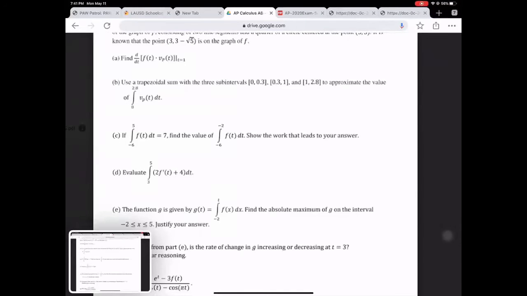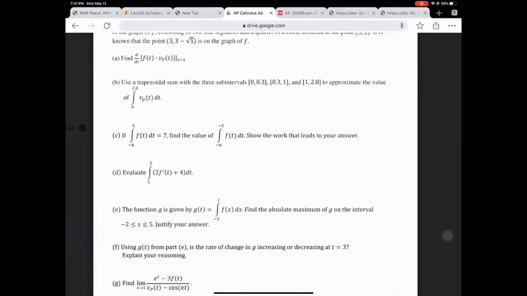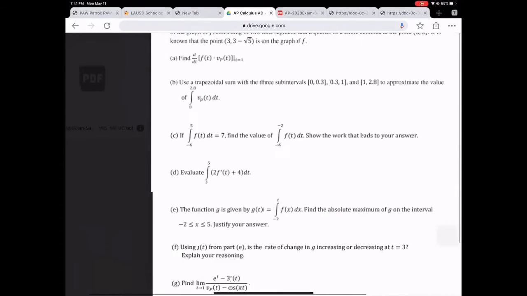Okay. The next portion here is to evaluate the integral from 3 to 5 of 2f prime of t plus 4. So I'm thinking this could be separated.